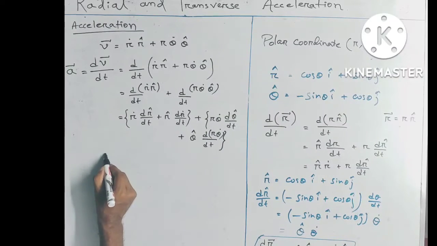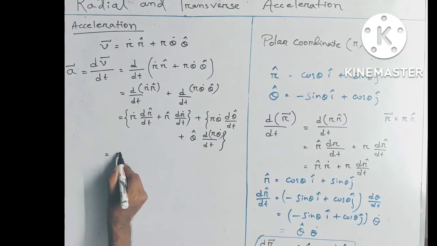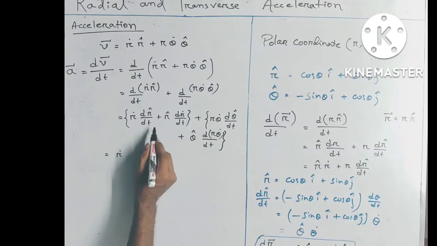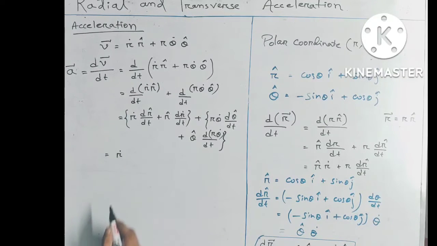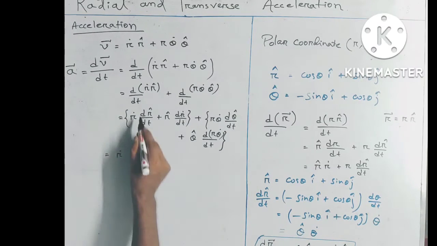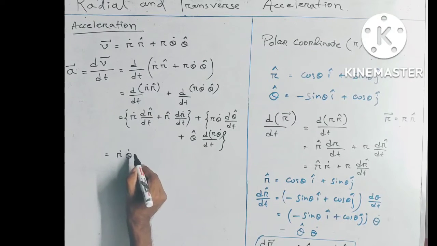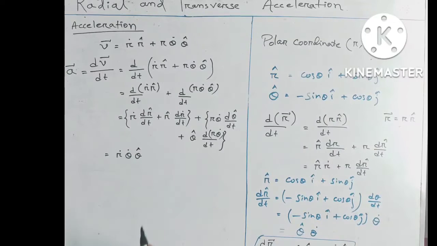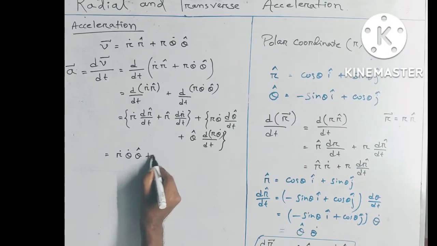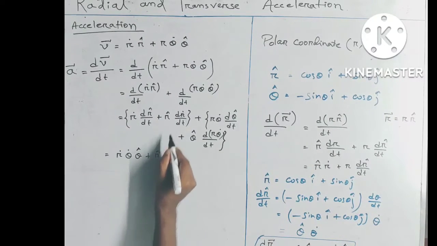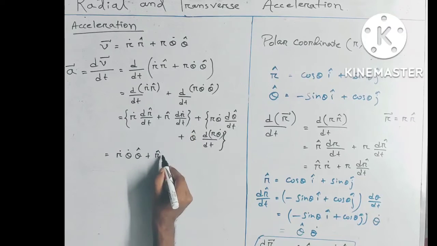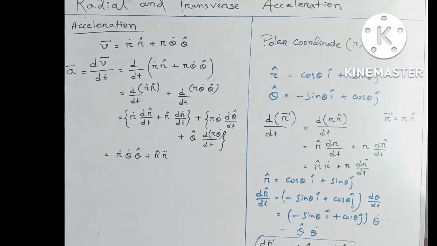So this is r dot and this is dr cap/dt. So what is dr cap/dt? Theta dot theta cap. So we can write theta dot theta cap plus r cap, and the derivative of r dot will be r double dot.